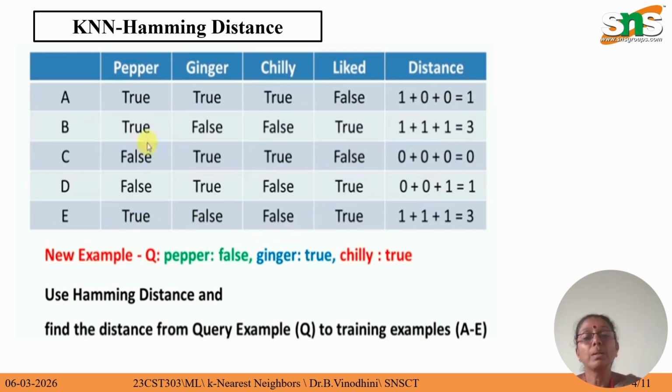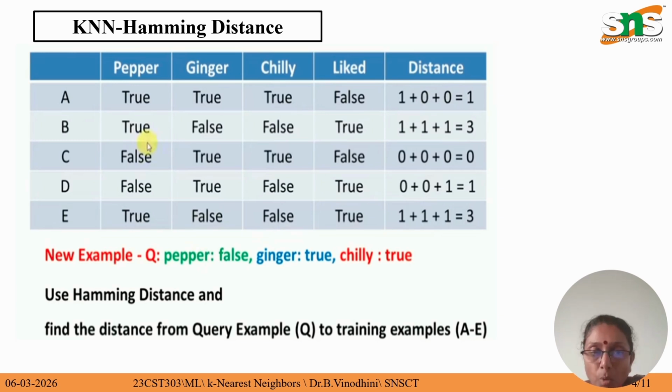If both values are equal, both true or both false, the value is 0. If either one differs, the value is 1.